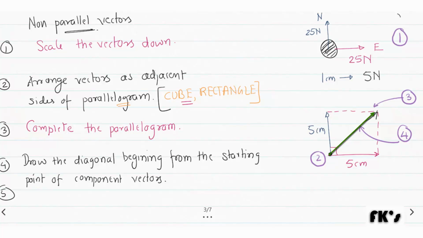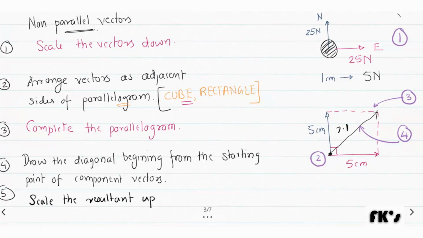So what's the fifth step? I mean, we're already done, right? Not yet. The fifth step is to scale the resultant up. That means I'm going to measure the length of this diagonal. If I measure it, it turns out to be 7.1 or something. Precisely, it will be 7.07, and when I measure it using a scale, it turns out to be 7.1.